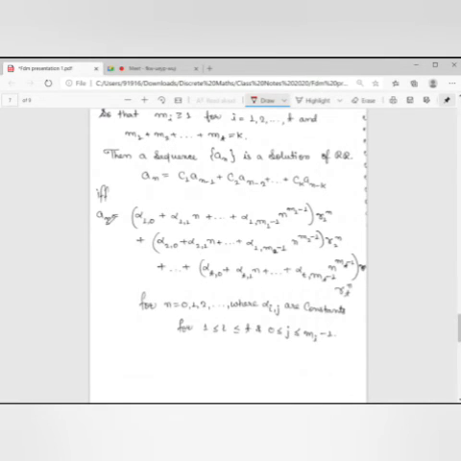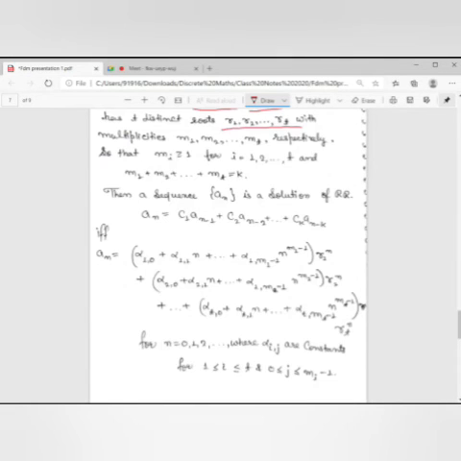In this equation, if we get repeated values of r, then we will use this equation.